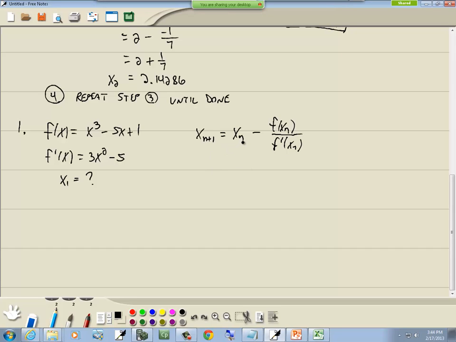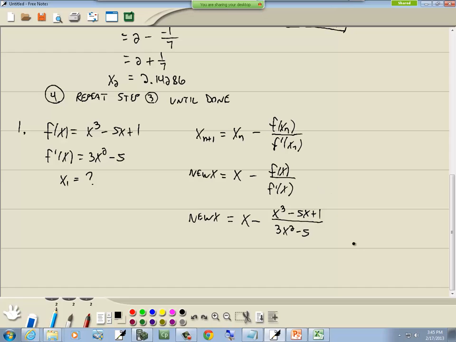Well, instead of x sub n plus 1, let's put new x is going to equal x minus f of x over f prime of x. So our new x is going to equal x minus x to the third minus 5x plus 1 over 3x squared minus 5.